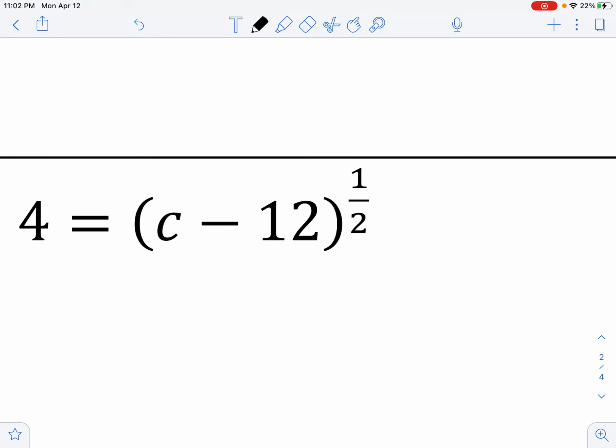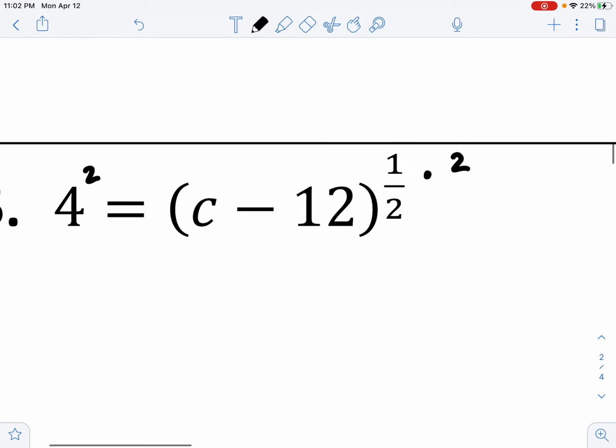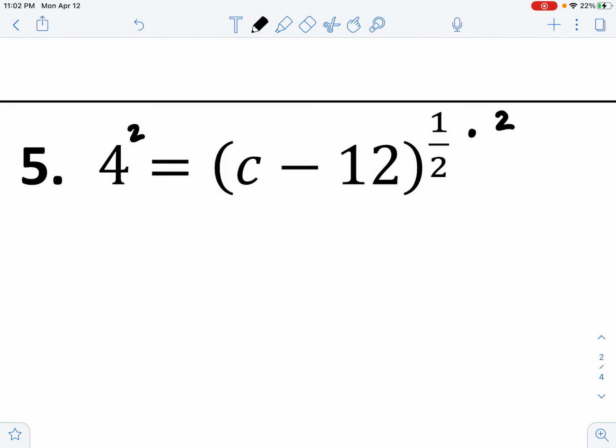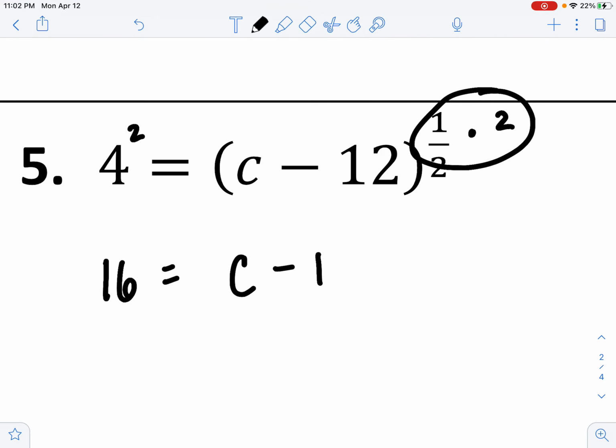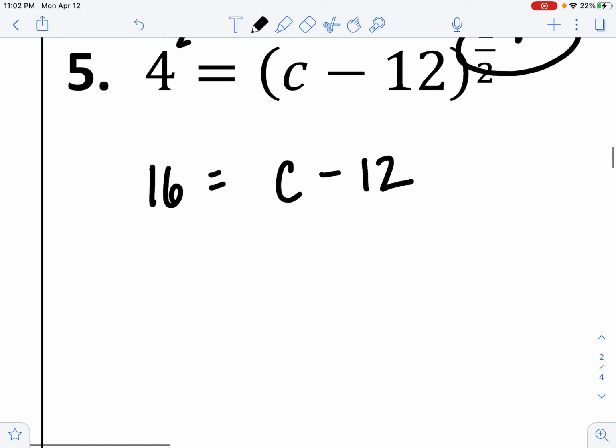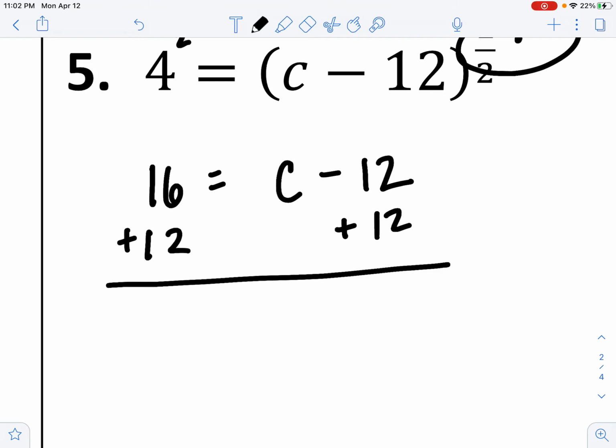So if we raise both sides of the equation to the second power, then it would look like this. And we would get 4 squared is 16, and then 1/2 times 2 is 1. So that's just going to be c minus 12 to the first power, which is just c minus 12. And so then to solve, we would add 12 to both sides to get 28 equals c.